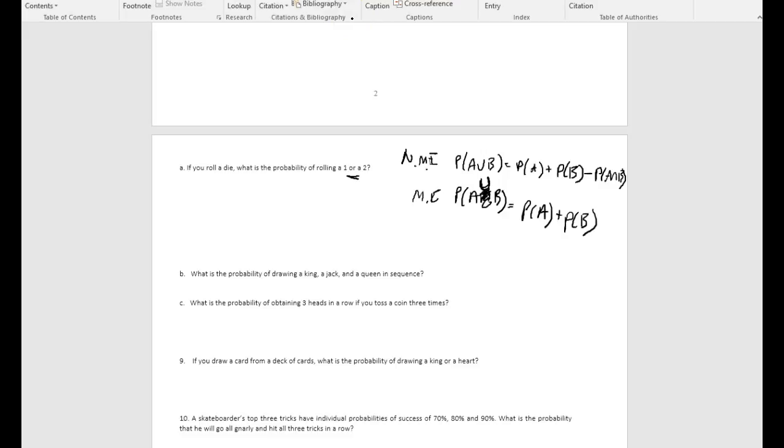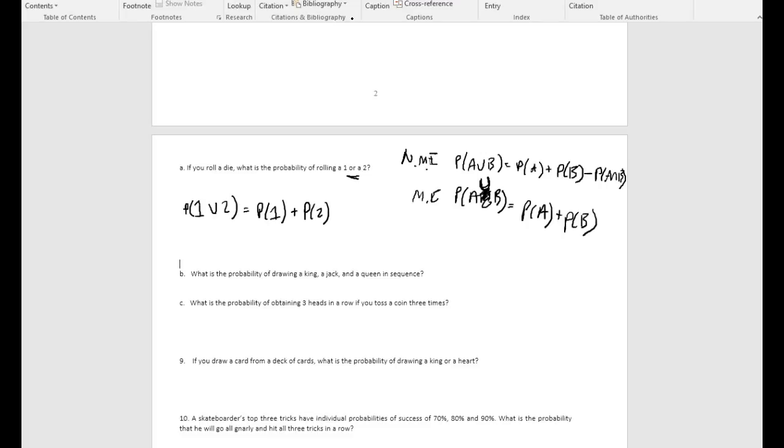That's a union. Now when we're calculating probability, we don't have an intersection piece that we subtract off. So now we just add the probabilities of those individual sample space items. So the probability of 1 union 2 is equal to the probability of 1 plus the probability of 2.